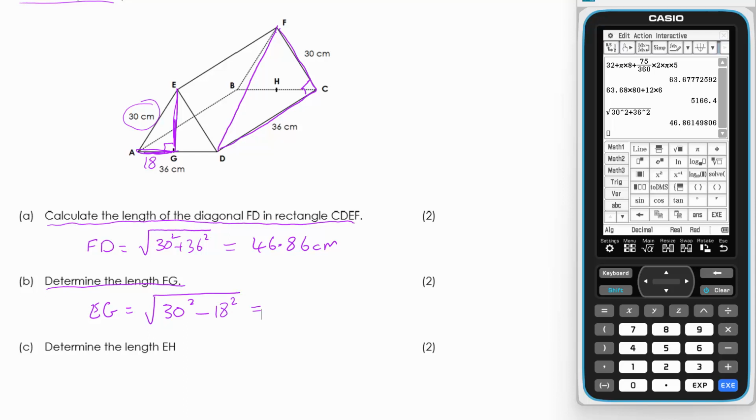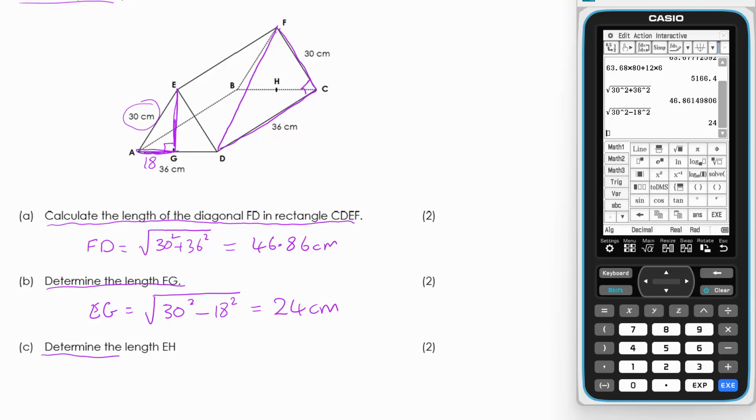So the square root of 30 squared minus 18 squared, and that gives me 24 centimeters.